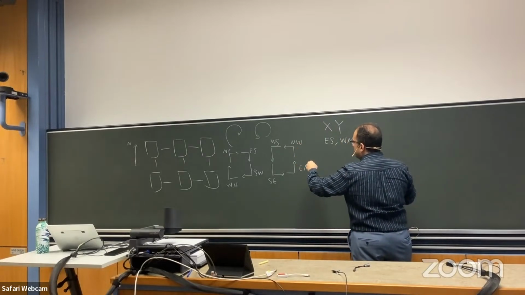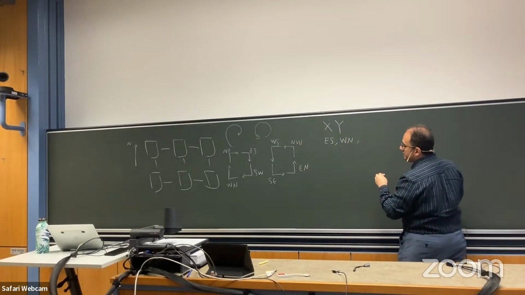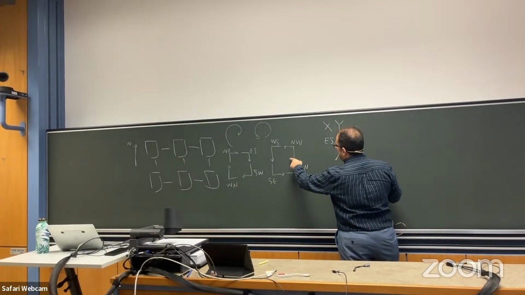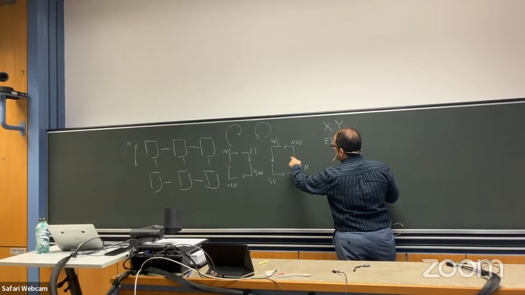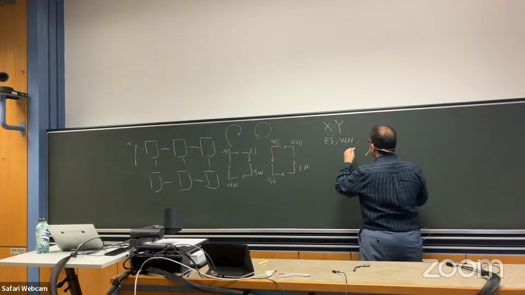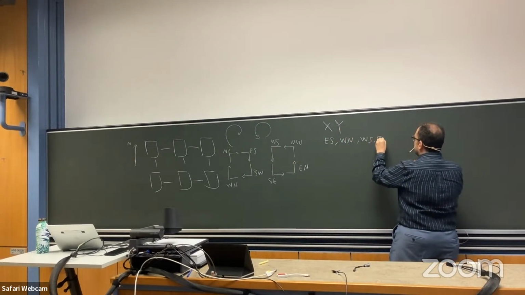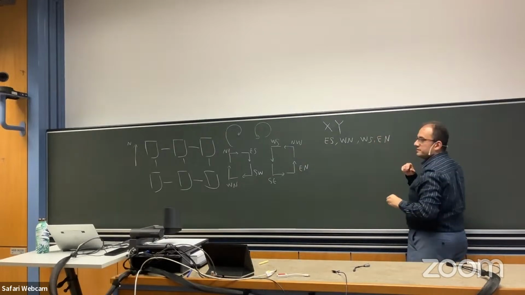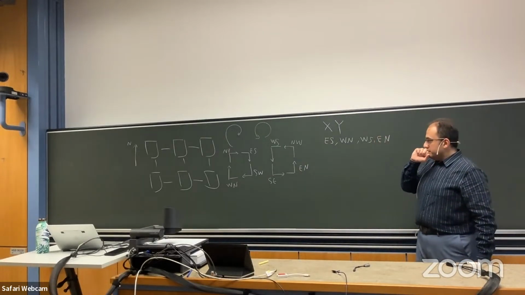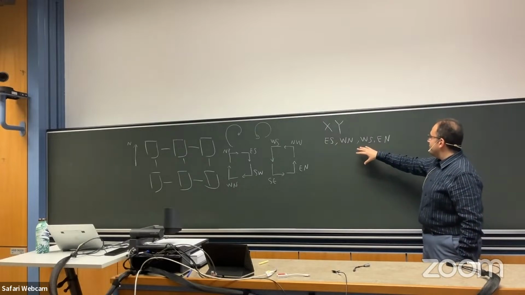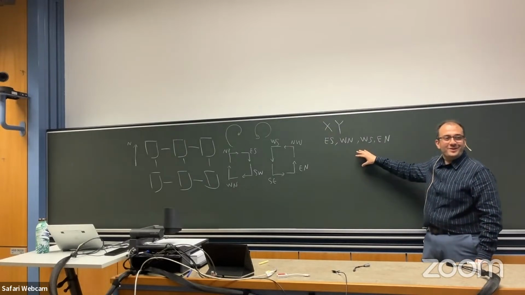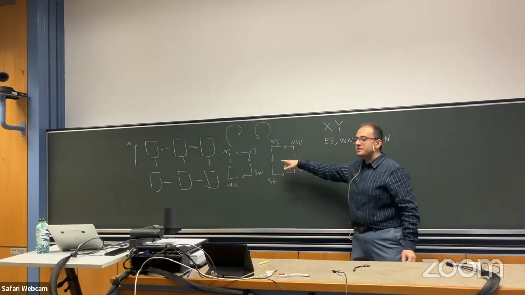And in counterclockwise, what are the turns? Yeah, you have west-south and east-north. But here we are omitting too many turns. We only allow 4 turns out of 8.